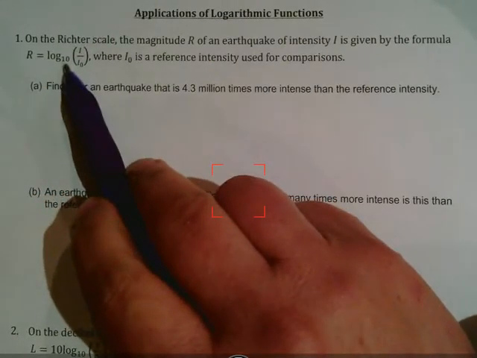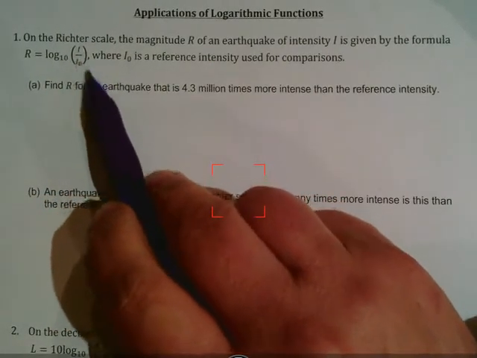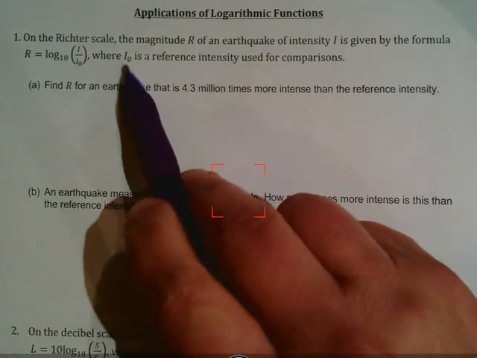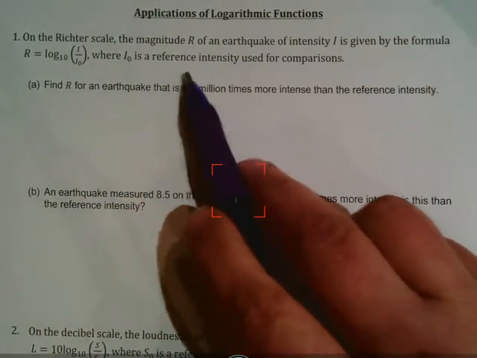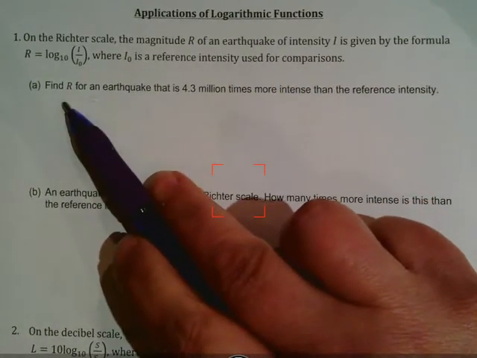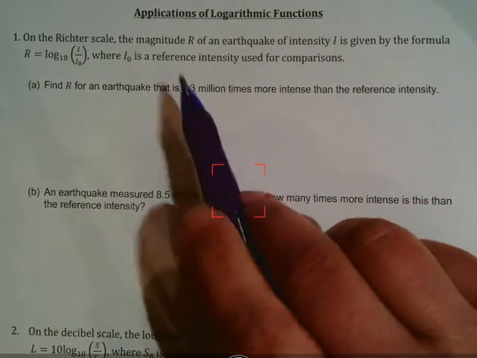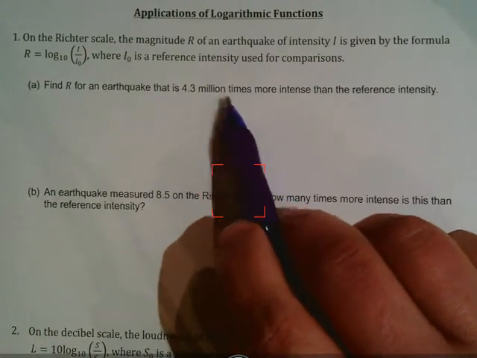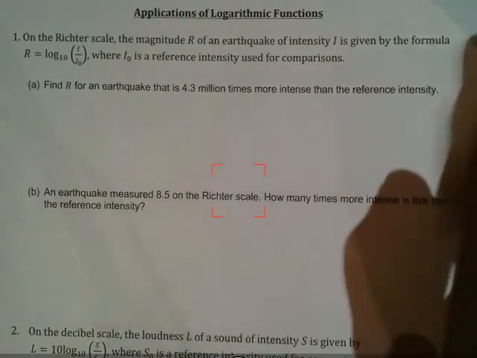R equals log to the base 10 of I over I sub 0, where I sub 0 is a reference intensity used for comparisons. Now it says find R for an earthquake that is 4.3 million times more intense than the reference intensity.